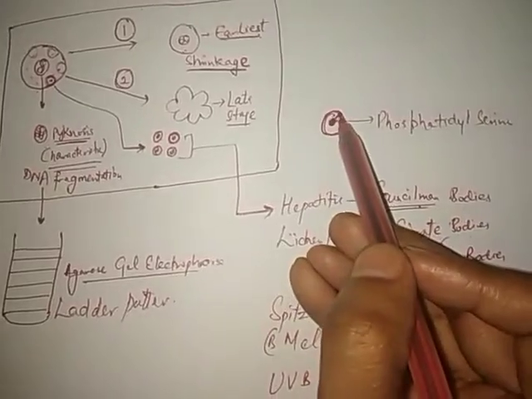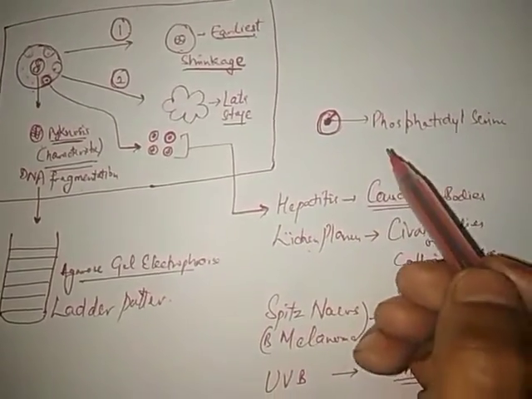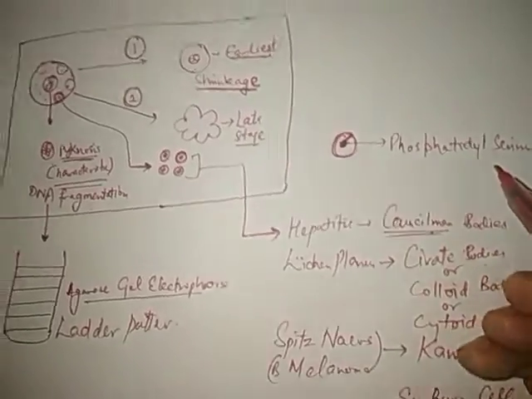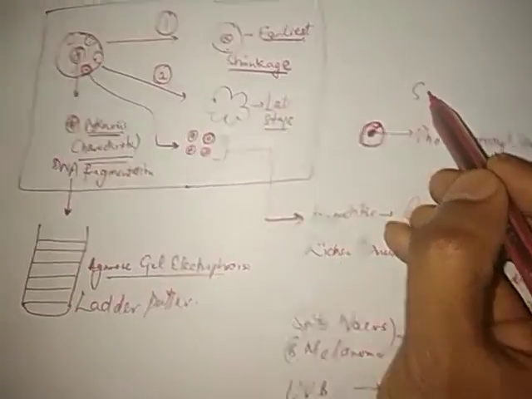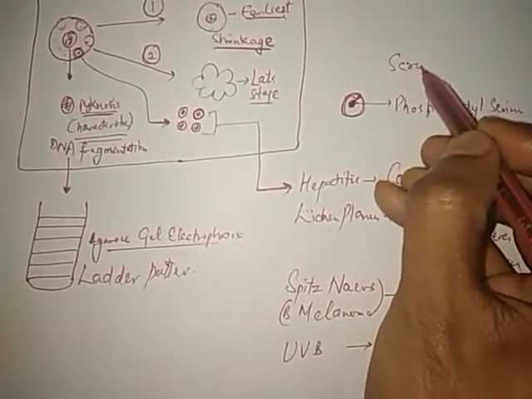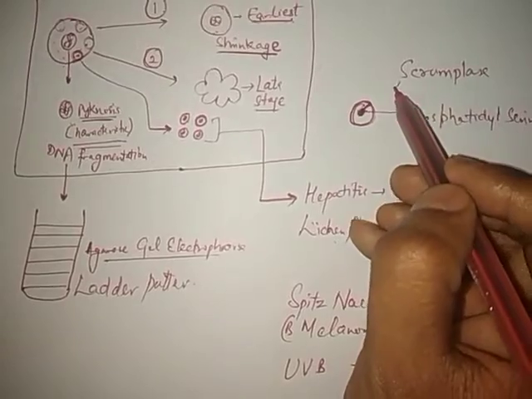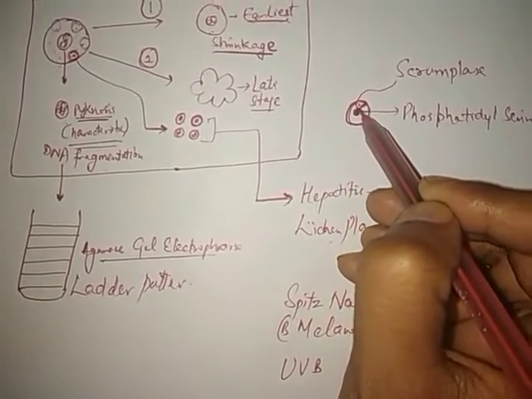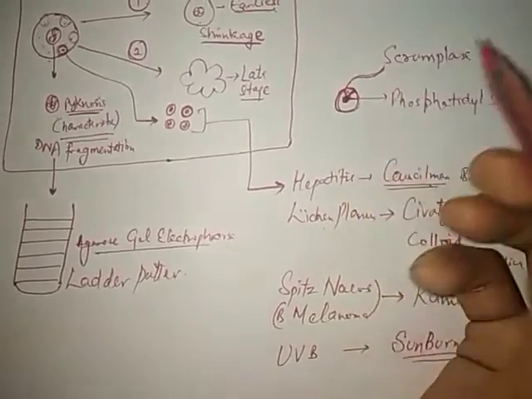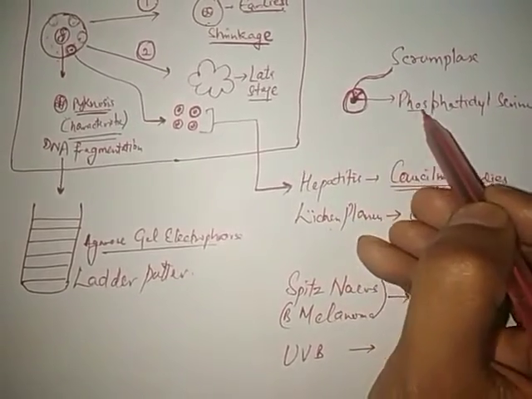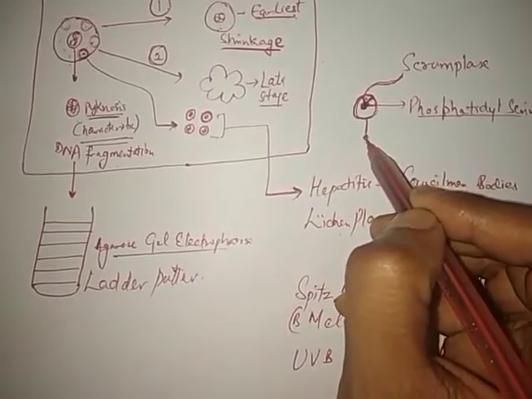It is expressed on the inside of the apoptotic cells. But there is one enzyme called scramblase. This enzyme puts a hook on the phosphatidylserine, and it exposes the phosphatidylserine on the outside of the cells like this.